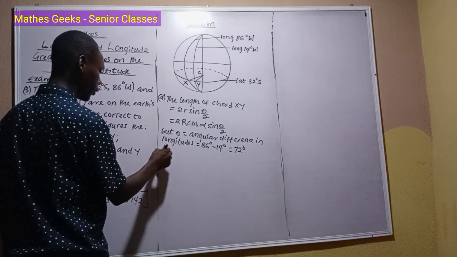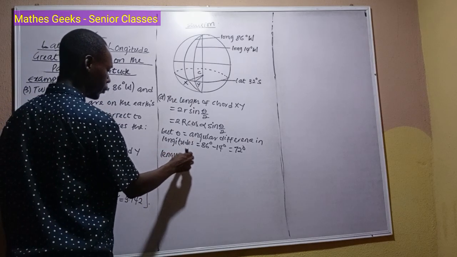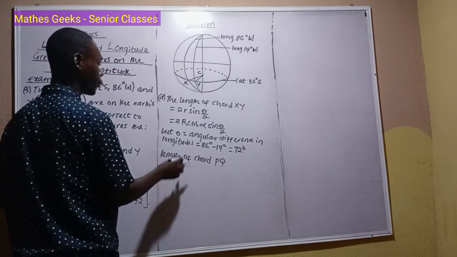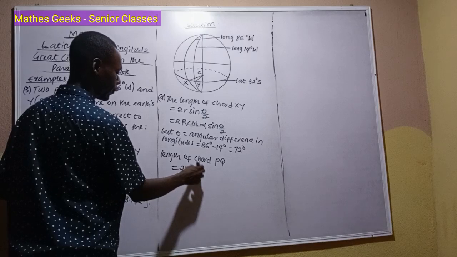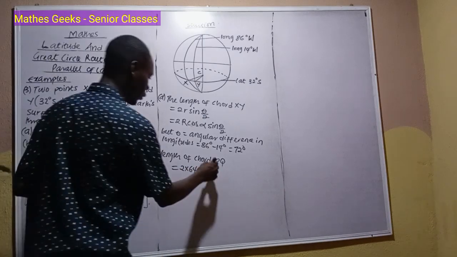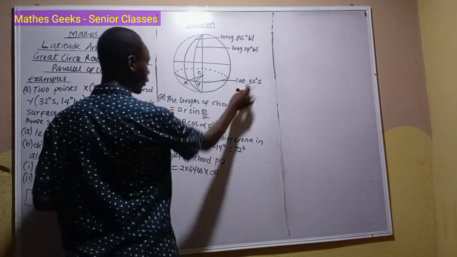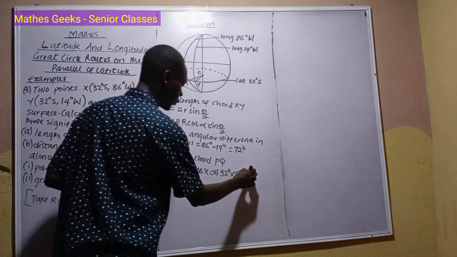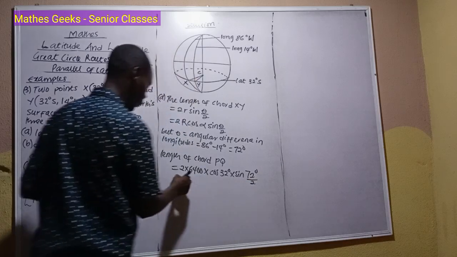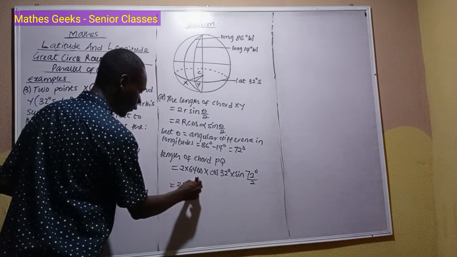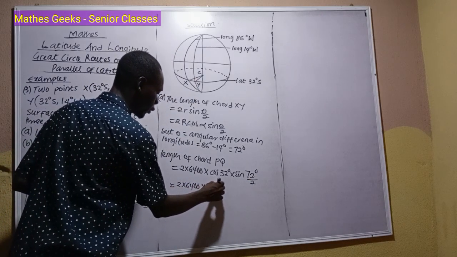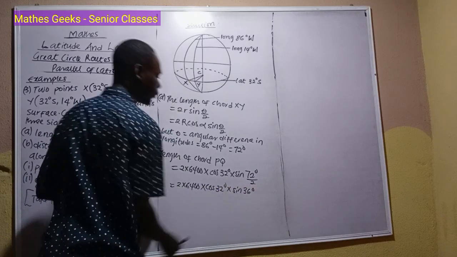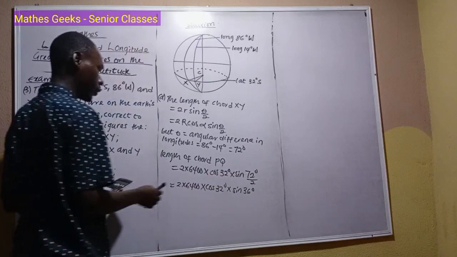So length of chord XY is equal to 2 times 6,400 times cos 32 degrees times sine 72 degrees divided by 2. 72 divided by 2 is 36.